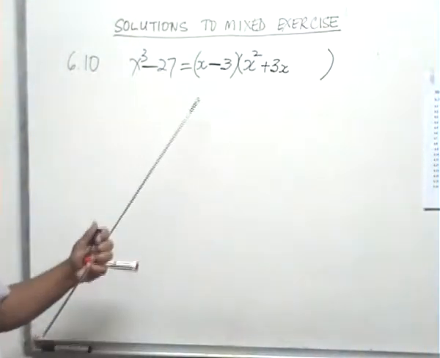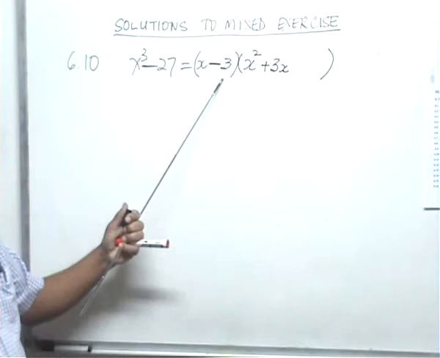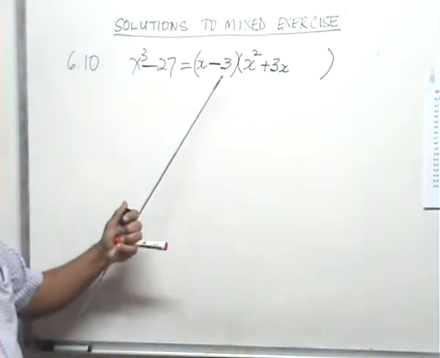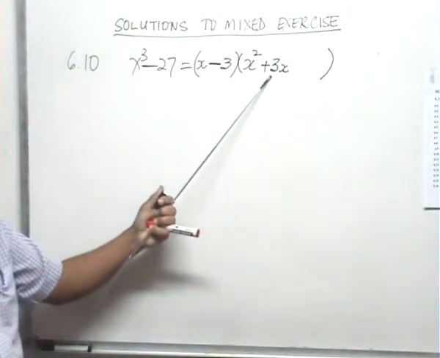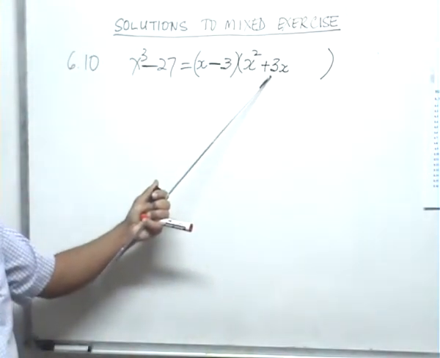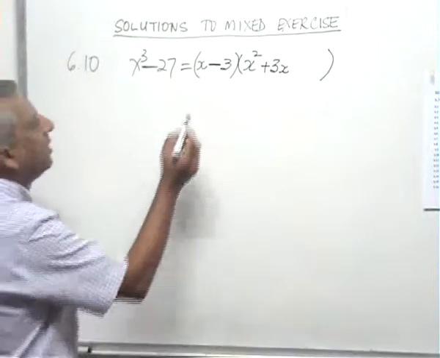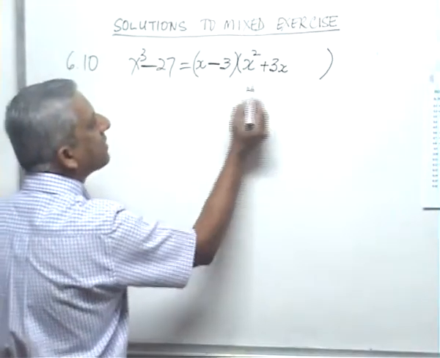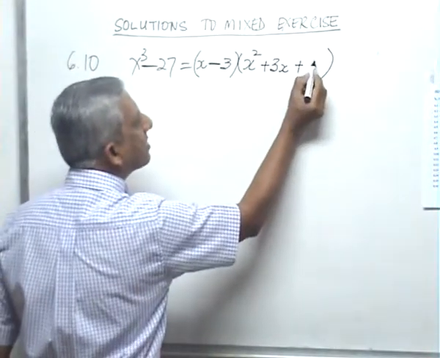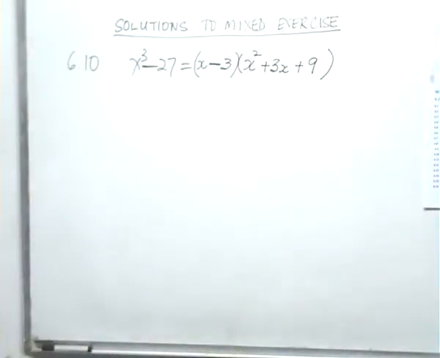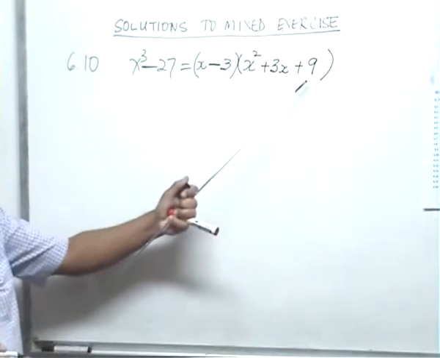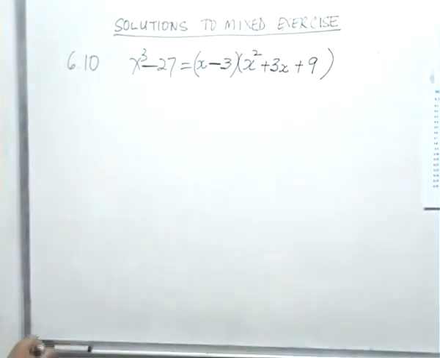And finally, you take minus 3 and square it, you get plus 9. Because minus 3 squared means minus 3 times minus 3, which gives you plus 9.